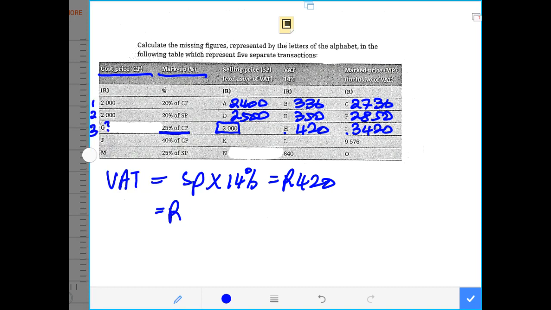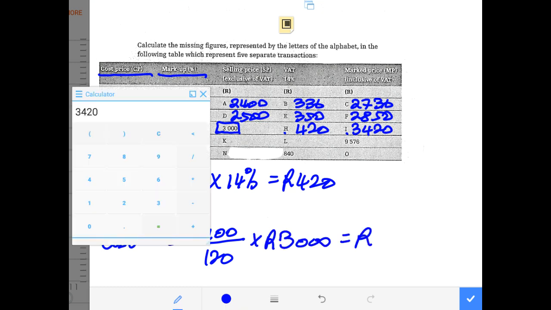So now we have to calculate our cost price. And remember, cost price is equal to 100% whenever markup percentage is on the cost price. So now our cost price will be 100%. That means we are looking for cost price which is 100% out of the selling price, that is 120%. So now we say cost price is equal to 100 divided by 120, times that by 3,000, because 3,000 is the selling price.